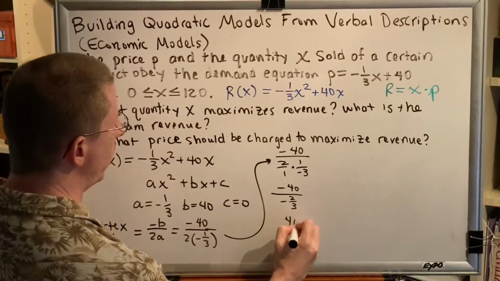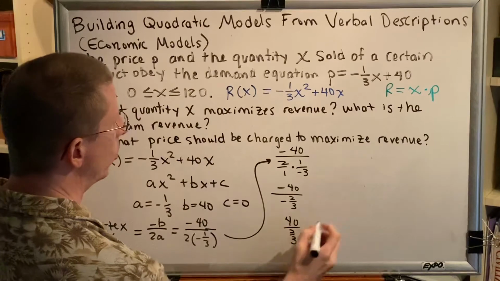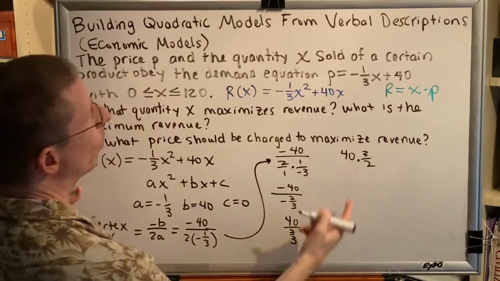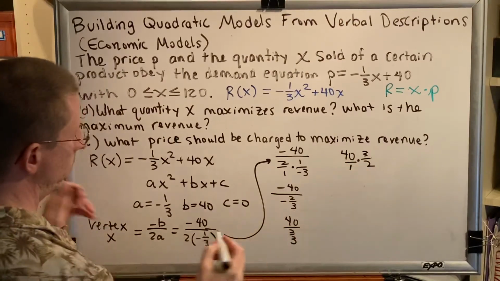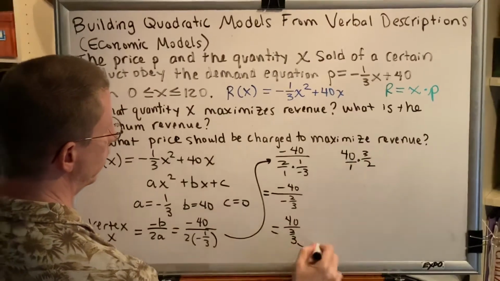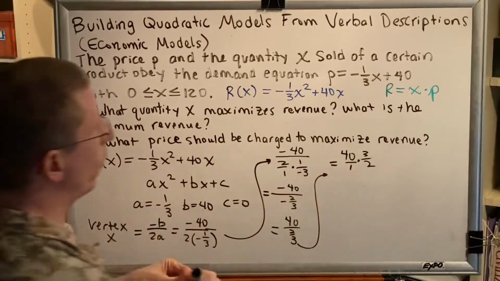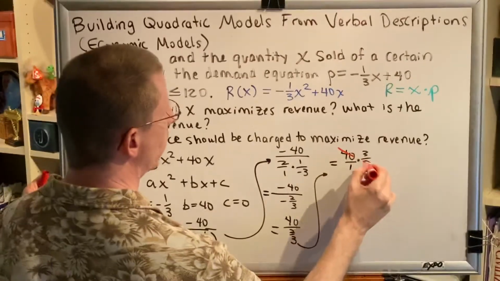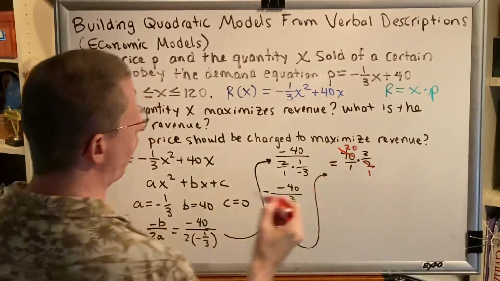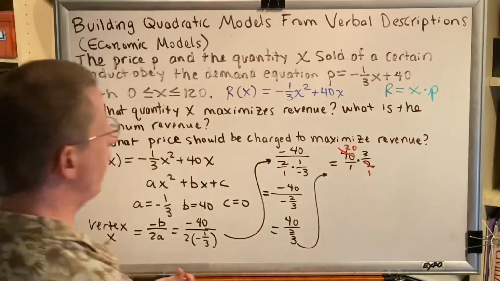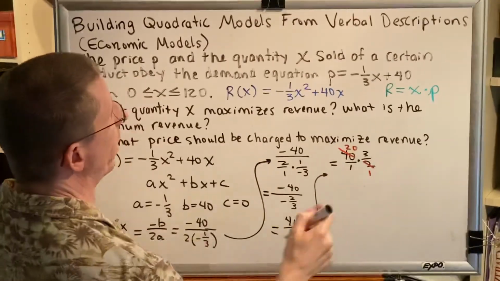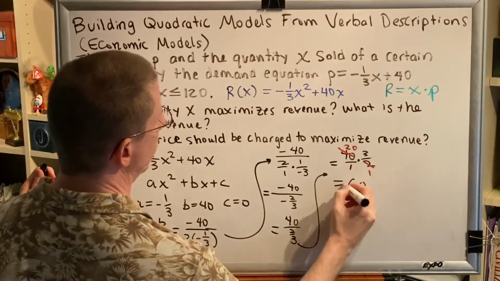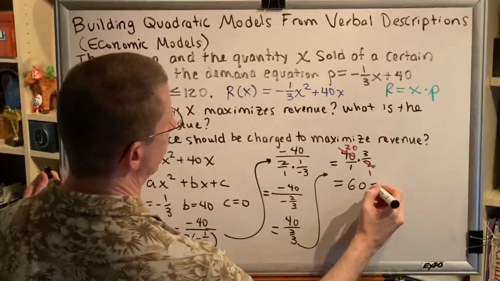So this is 40 divided by 2/3, which is equal to 40 times 3/2. 40 can be written as 40 over 1. Now, 40 divided by 2 is 20, so I can replace this with 20 over 1. Now I've got 20 over 1, which is just 20, times 3 over 1, which is just 3. 20 times 3 is 60. So my vertex x is 60.